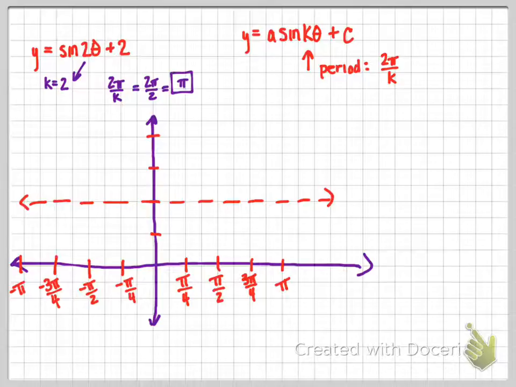So I'm going to go ahead and start graphing. I know that the sine starts at 0. Okay, and then it goes to a max. Notice here that the max is now at pi over 4 instead of being at pi over 2.